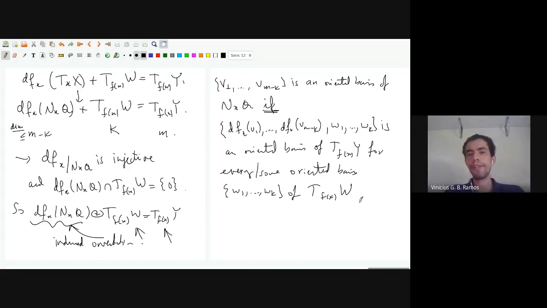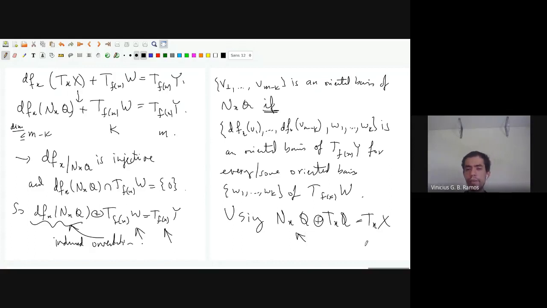Okay, so using this direct sum, we can orient the normal bundle to Q. And now I'm not going to say it again. I'm not going to write this again. Using this direct sum, since this one is oriented, the normal bundle is oriented, and this tangent space to X is oriented, then we get an orientation here.